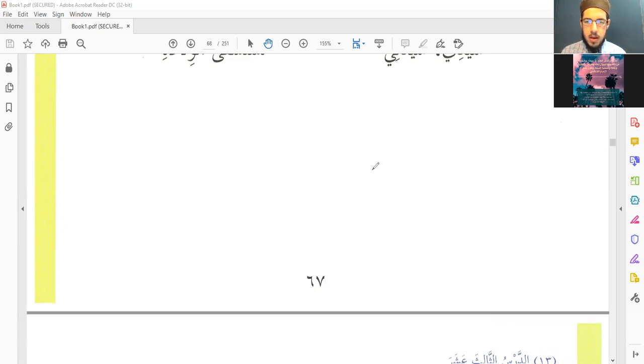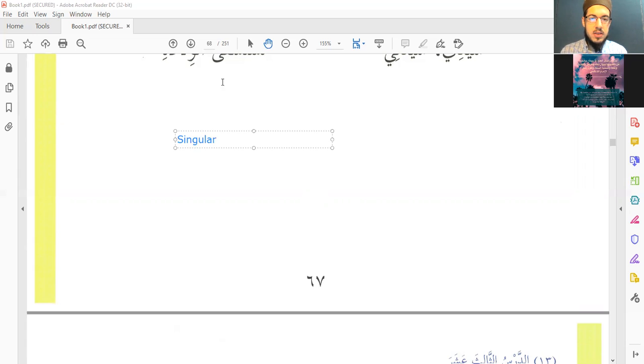So, if we look at making things plural, or we look at number in Arabic, it is more complicated than English. Okay? So first thing that we're going to look at is the singular.